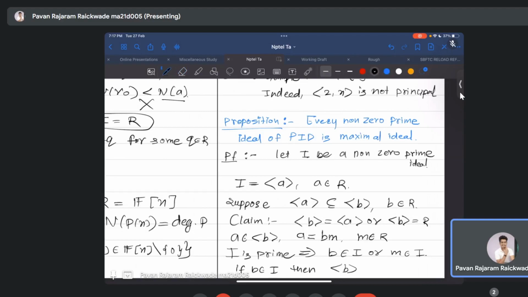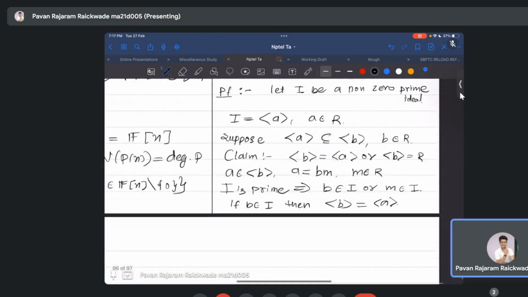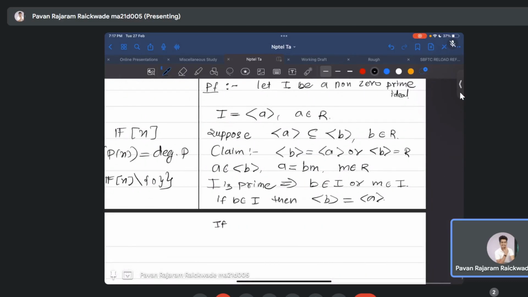Then the ideal generated by b is the same as the ideal generated by a. If not, let's say if m belongs to I, then you can write m as some a times n, right? Because I is the ideal generated by a.